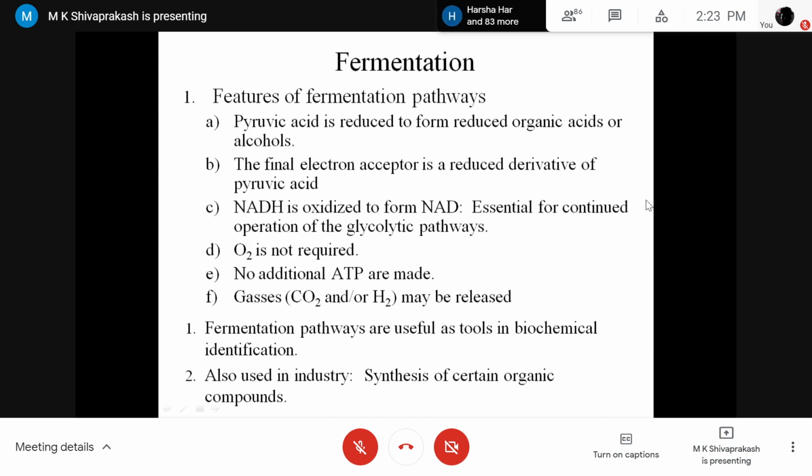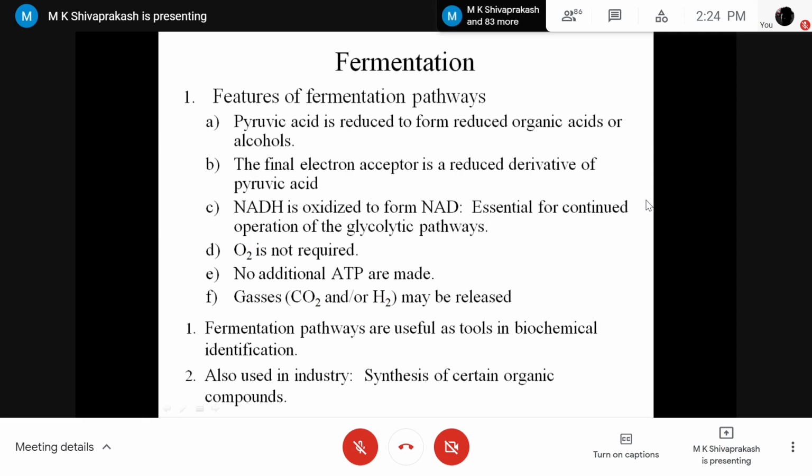And of course, after this, we have also gone through the information on fermentation, which is a type of metabolism where both electron donors and electron acceptors are organic in nature. Another important aspect of fermentation is that the electron acceptors are produced endogenously, whereas in respiration the electron acceptors are external.